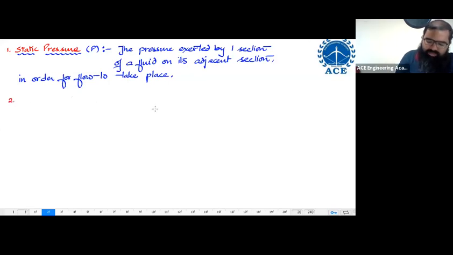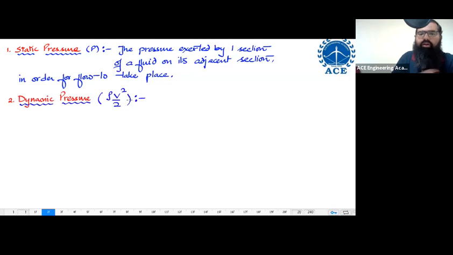The second pressure is known as dynamic pressure. This dynamic pressure is rho v square by 2. Now, how do we define this dynamic pressure?